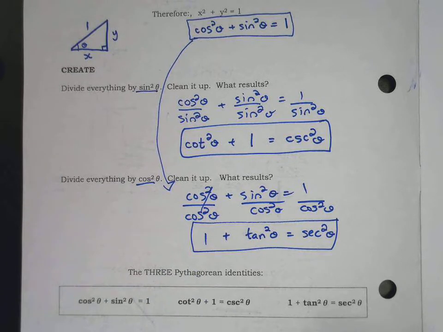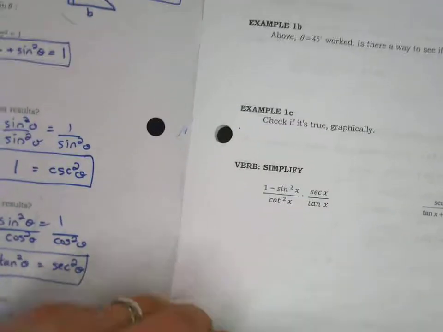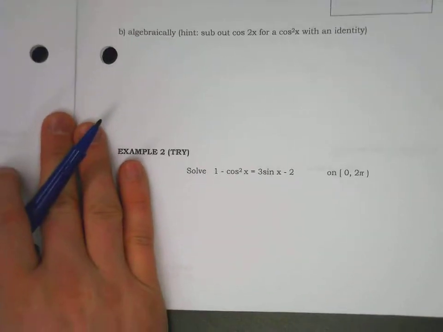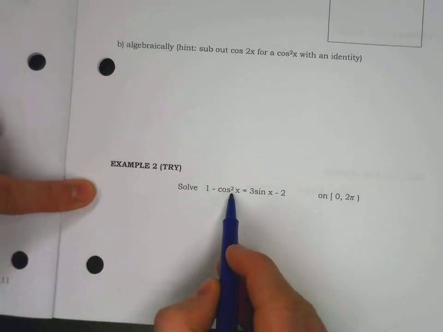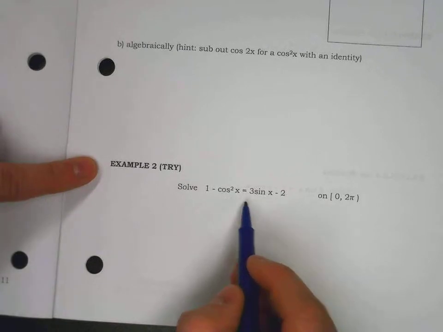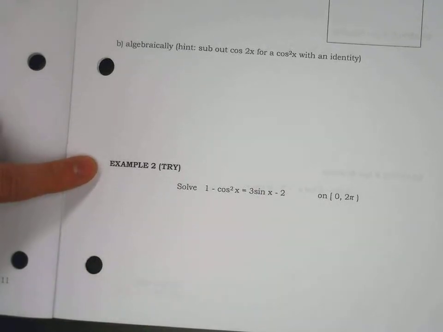We are going to be using these in the future to be turning sines into coses and things like that. So in the future, and I'll say in lesson 6.4, we're eventually going to be asked questions like this, where there's cos squareds and sines, and there's no real great way to move this over and factor it because we're dealing with sines and coses.